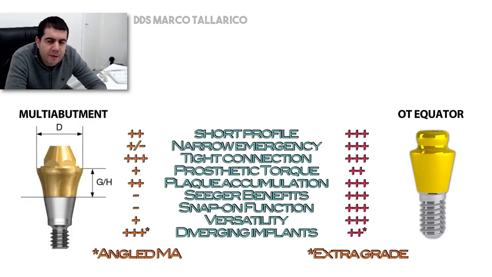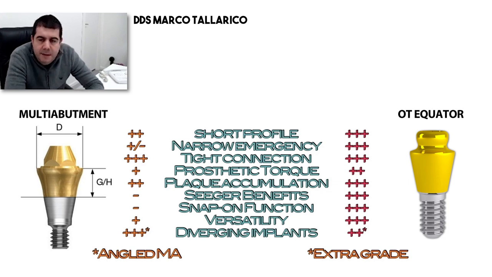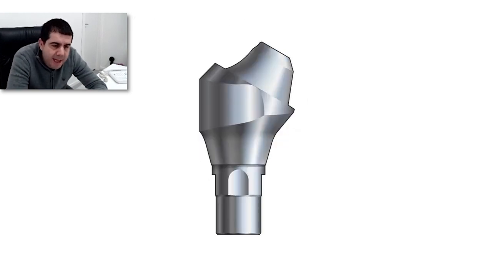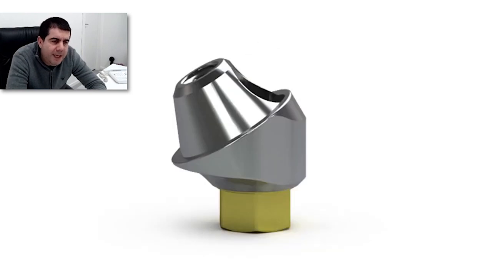Diverging implants. The multi-unit abutments can compensate up to 104 degrees of implant divergence as presented in the current image. We need to consider that this feature is possible with multi-angulated components that require precise degrees, such as the ones in the image with 30.